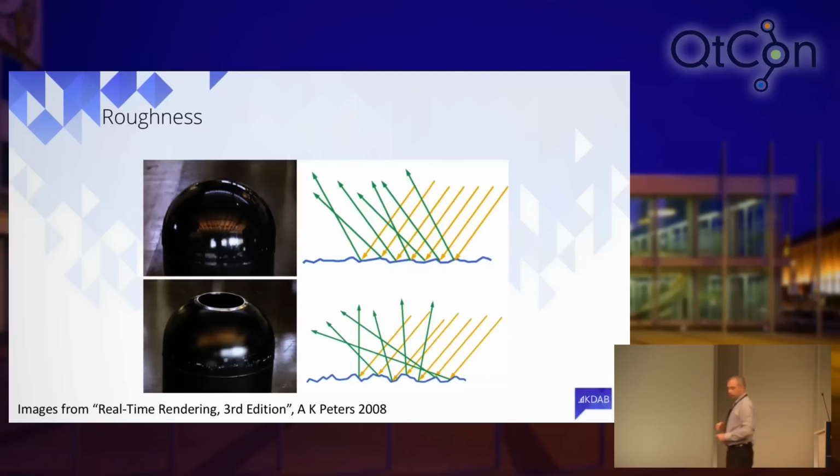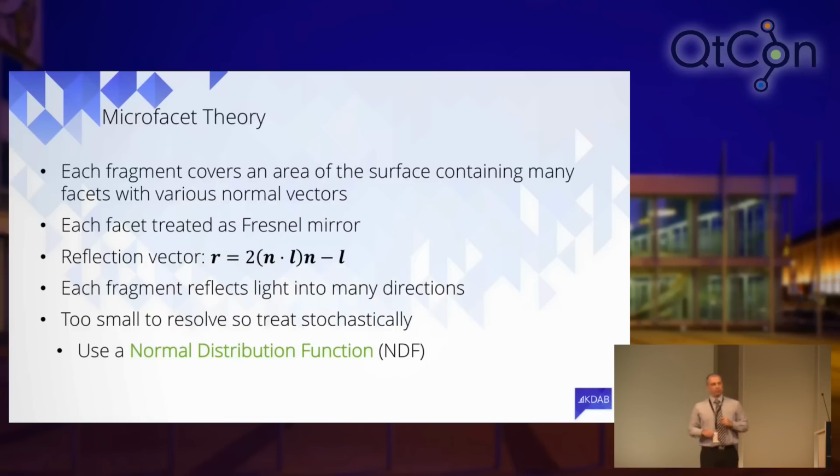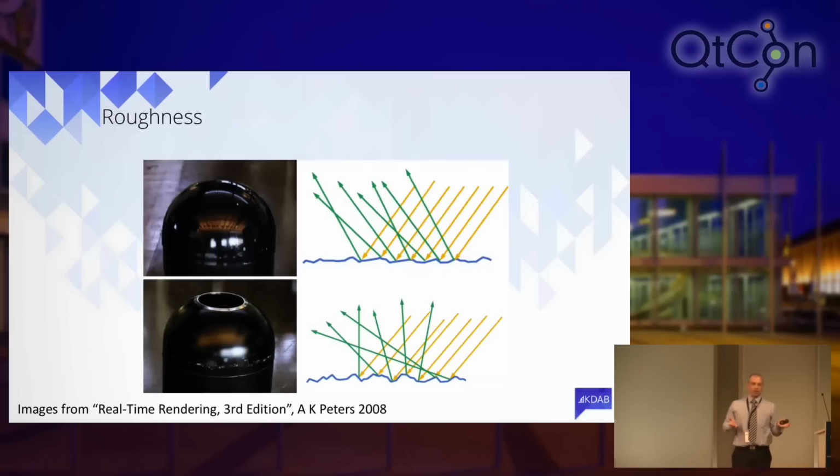If our normals for our microfacets are much more jumbled up, our reflection vectors from our little equation there also get much more jumbled up, and we see a much more blurry highlight reflection. So roughness is one of these things that matters and is something that controls this normal distribution function.